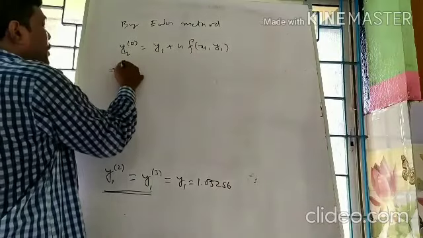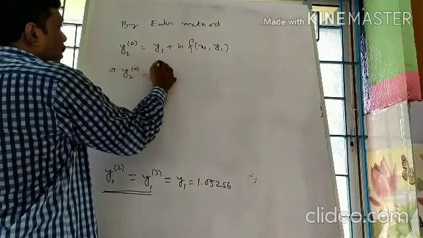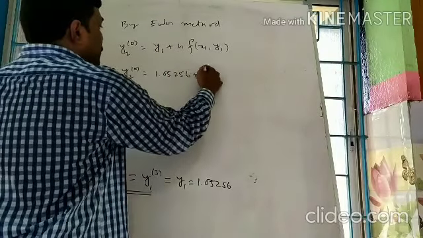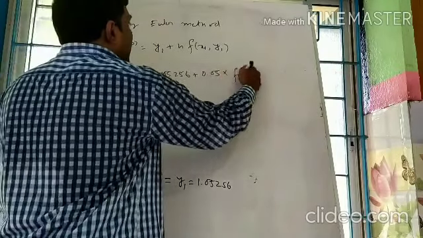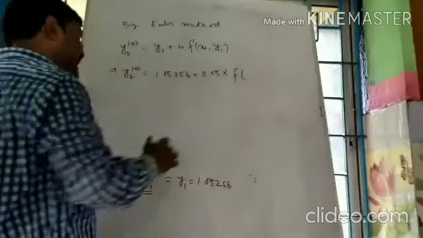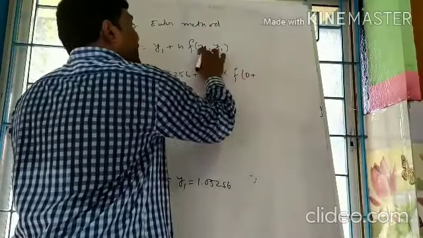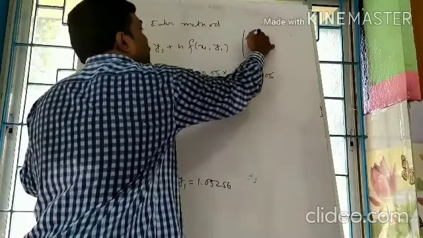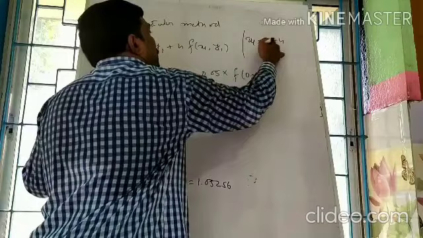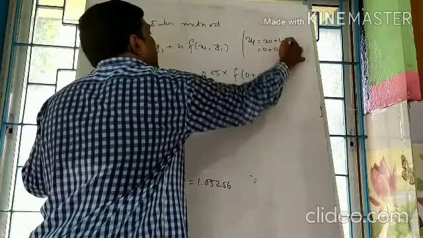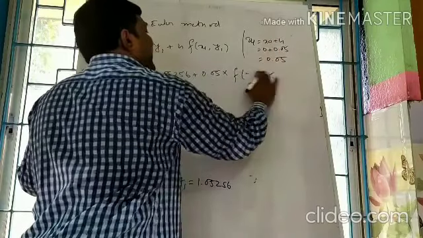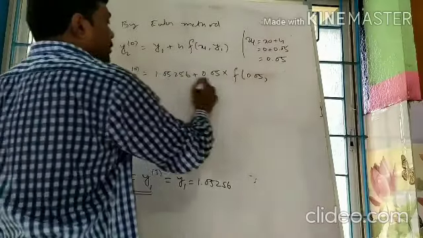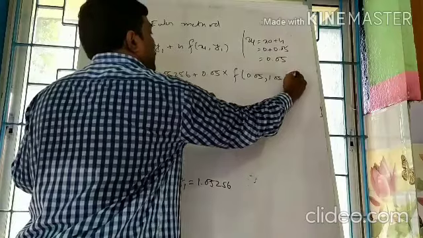So y20 is 1.05256 plus 0.05 into f of x1. What is x1? x1 is x0 plus h, so it is 0 plus 0.05, which is 0.05. Comma y1 is 1.05256.